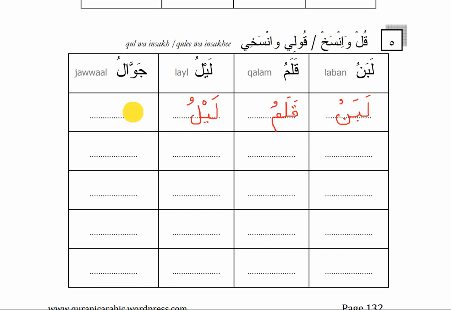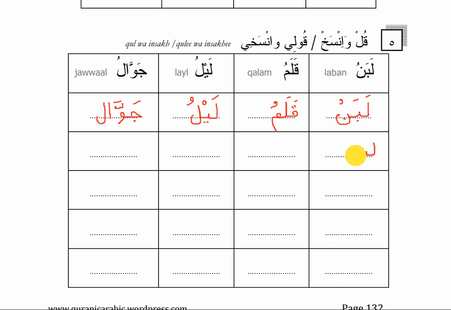So, jaw, jim, and since waw has a shadda, we are going to pronounce it twice. Jaw and then wal. Alif and lam is the last, so you will put it in the full form. So I'll write it again.